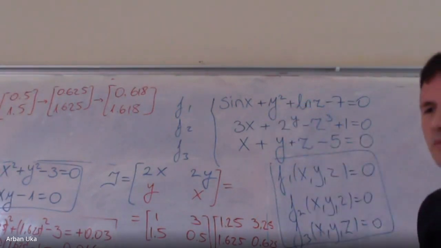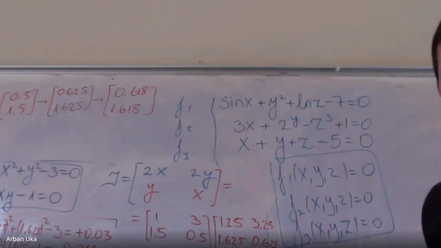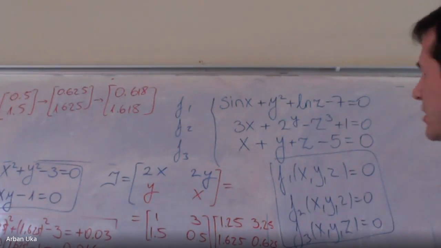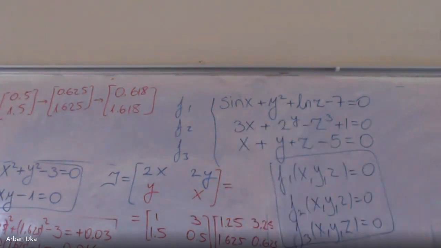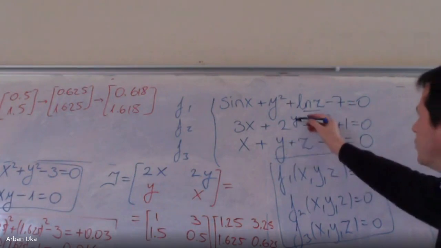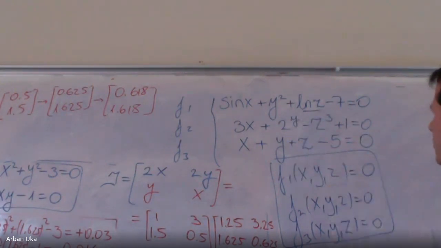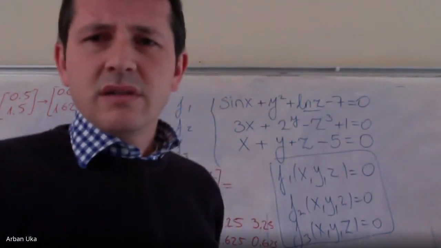They are relatively slightly more difficult than the linear system of equations where we use the Gauss-Seidel method. And we have nonlinear terms like sine of x, y squared, natural logarithm of z, 3x, 2 to the power y, z cubed, and all of these. Let's say that we want to solve this system.